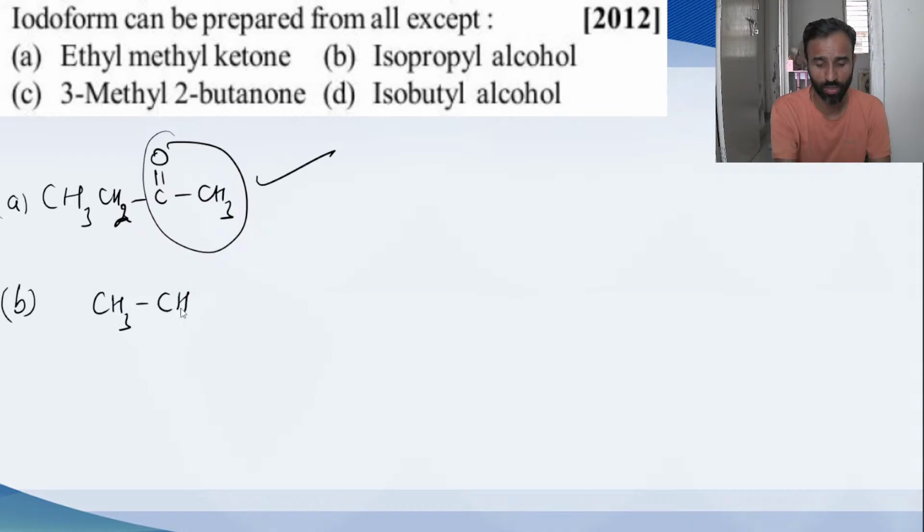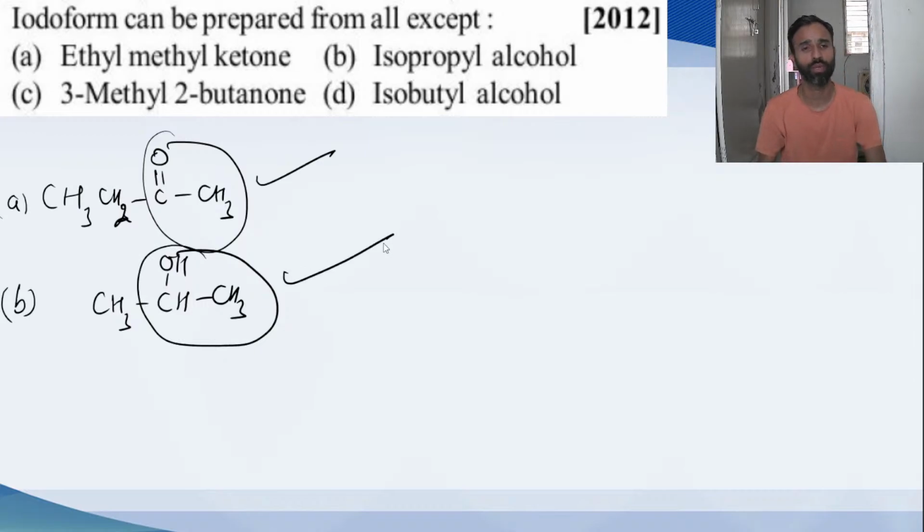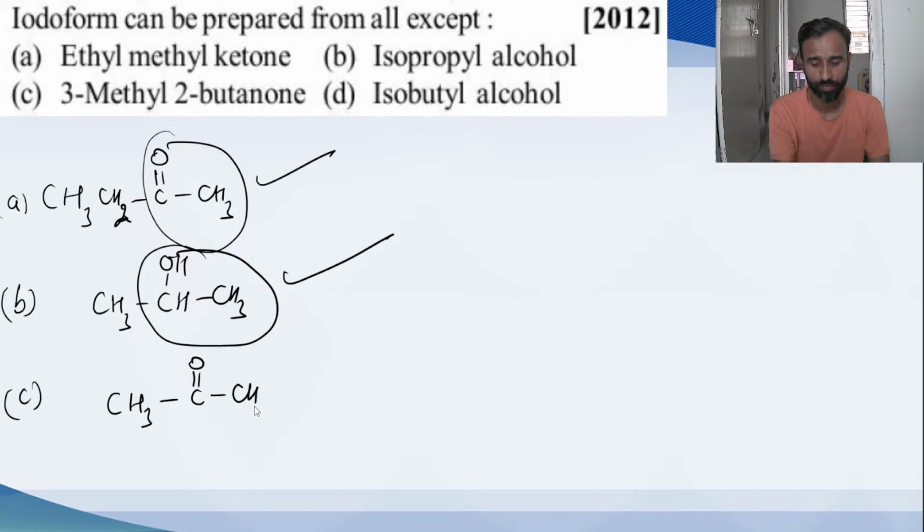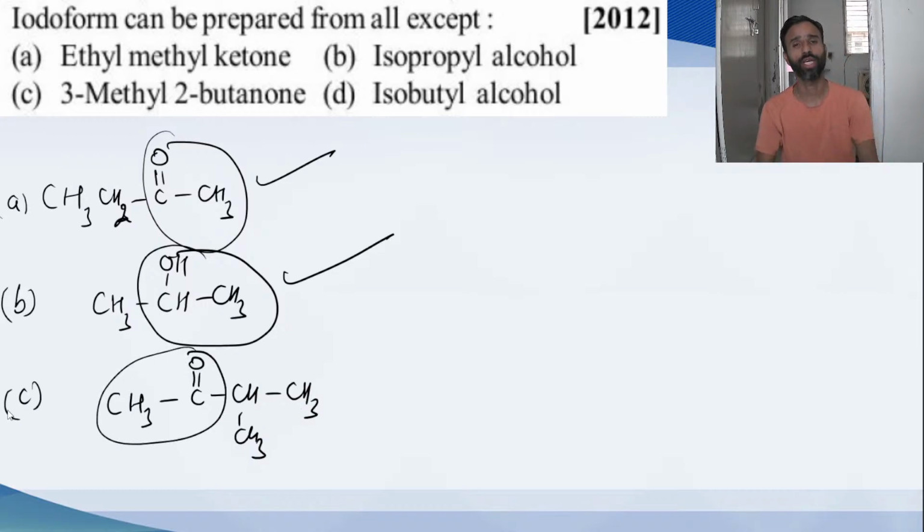Isopropyl alcohol has the CH3CHOH group. It will give the iodoform test. 3-methyl-2-butanone has the COCH3 group and undergoes the iodoform test.